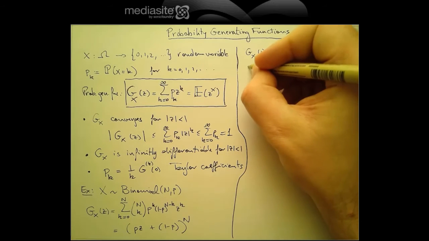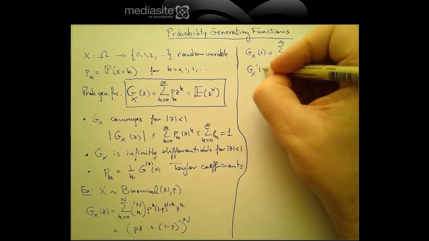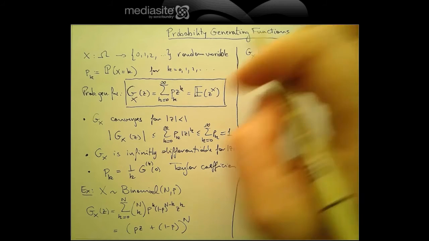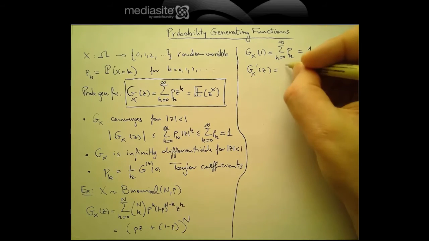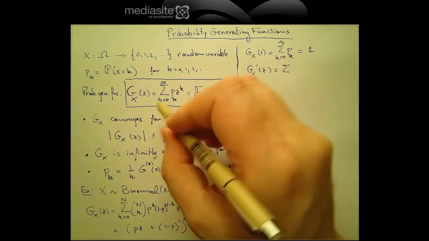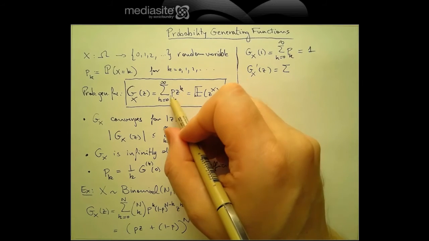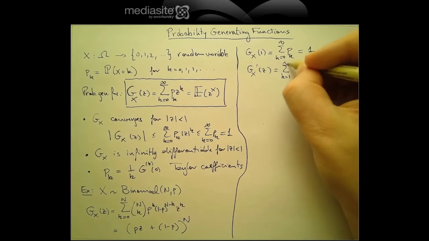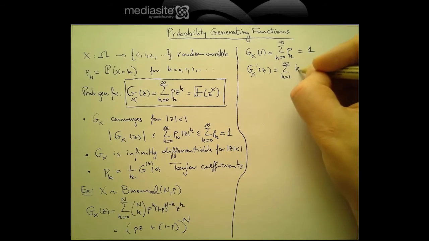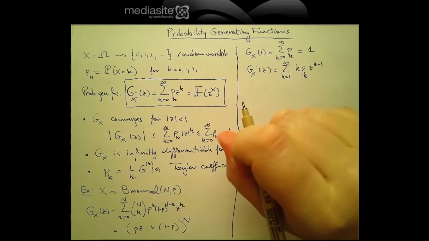Okay, so let's compute the derivative g prime, and let's just do it term by term, right, with the power rule. So it's going to be the sum. Now k equal to 0 is constant, z to the 0 is 1. When you take the derivative, that goes away, so we don't have that. But otherwise we have k p_k z to the k minus 1.